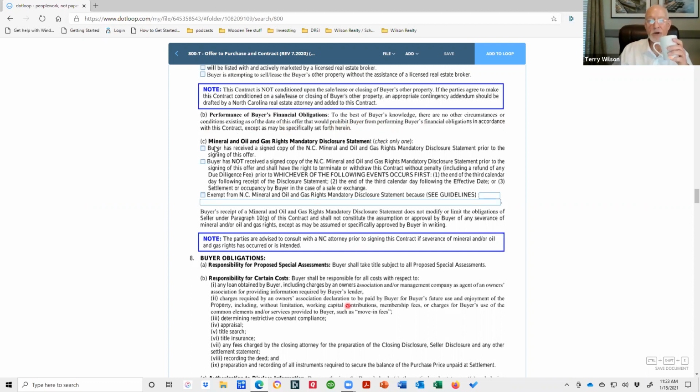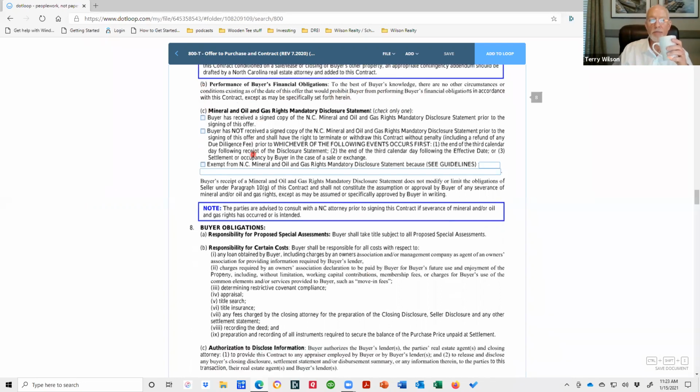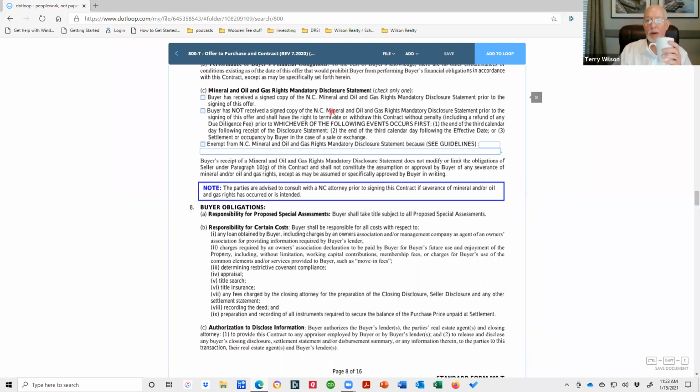Mineral oil and gas rights. That's the MOG report. Remember, the MOG report must be given in this case. The RPODS report, Residential Property Owners Association Disclosure Report, is not required to be given because the house doesn't exist yet. But the MOG report is required to be given if it is a lot in a neighborhood.